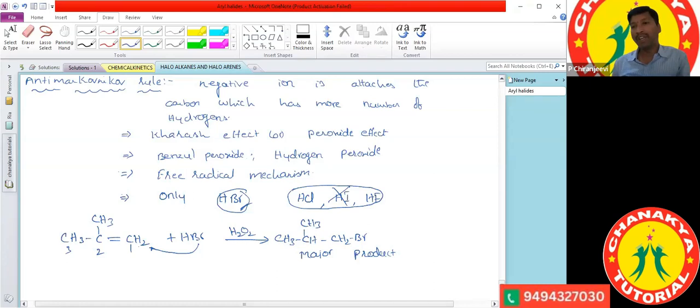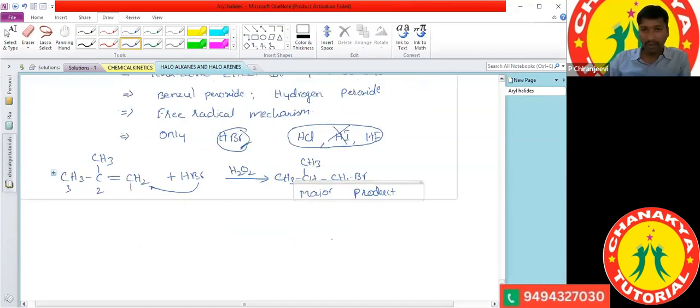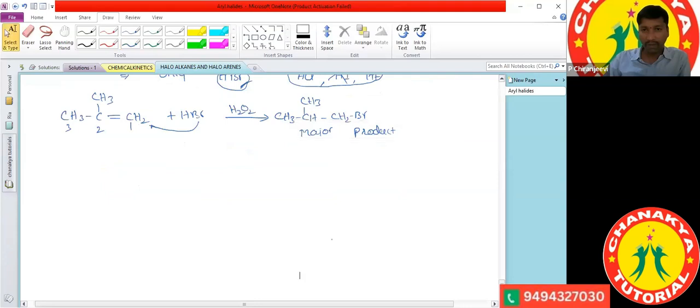Tertiary is the more stable. Tertiary is more stable than secondary, and secondary is more stable than primary. Got clarity? Got it?